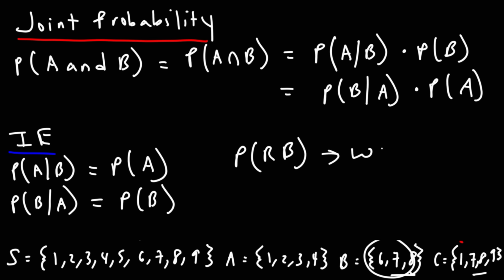Now, if this is done with replacement, then the two events are independent events, because the probability of getting the blue marble on the second try will not depend on the probability of getting the red marble on the first try. Because with replacement, after you take out the red marble, you put it back in. So that's not going to affect the probability of getting the blue marble on the second try.